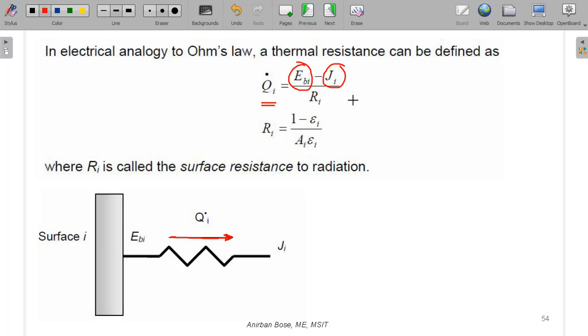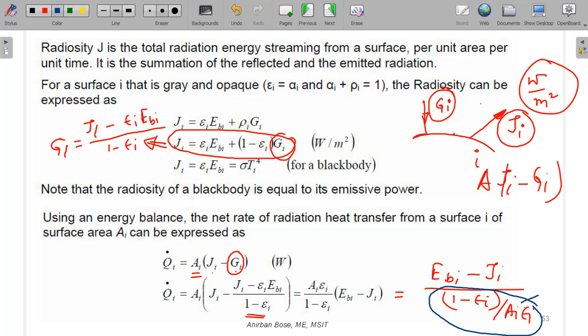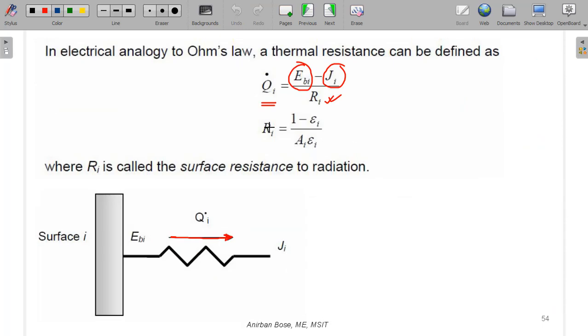If this is the equivalent analogy, then what is this R_i, or this resistance? If you just simply compare here, you can write E_bi minus J_i divided by 1 minus epsilon_i divided by A_i epsilon_i. So it is clear that this quantity is R_i, the resistance of surface i. This is called the surface resistance.